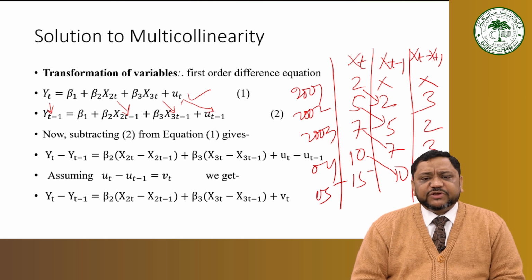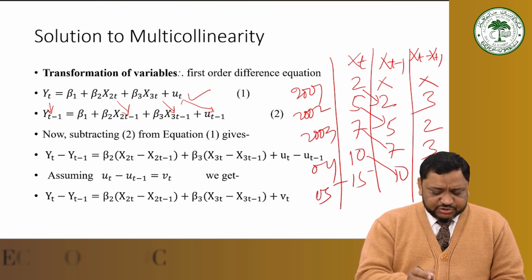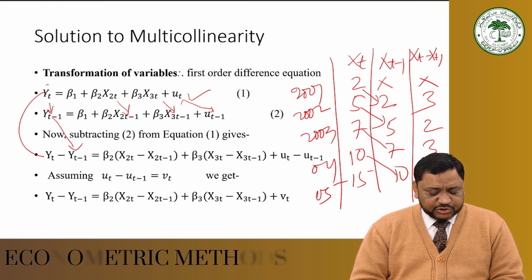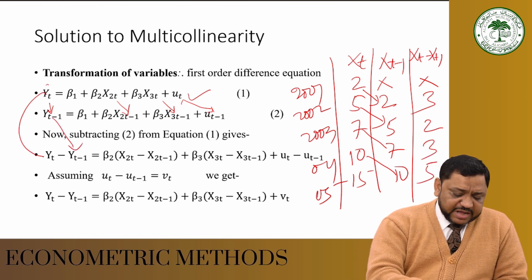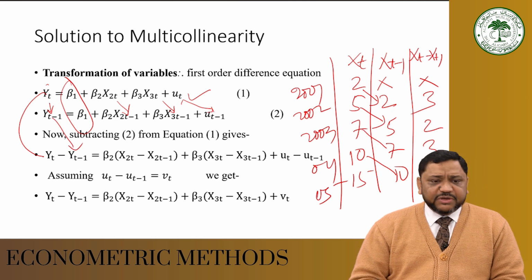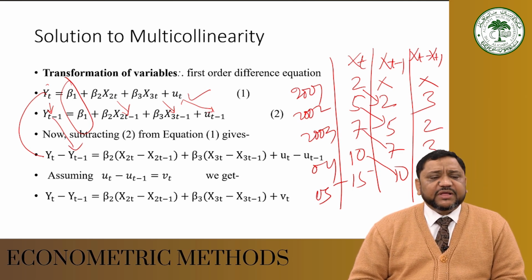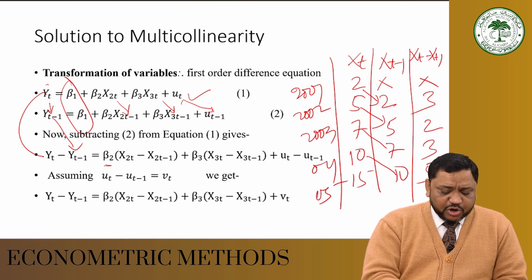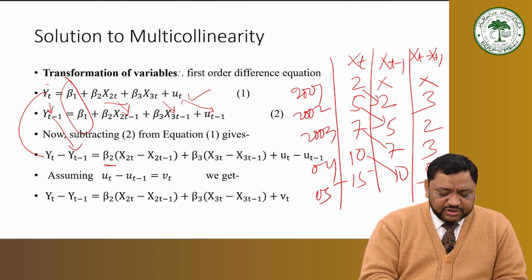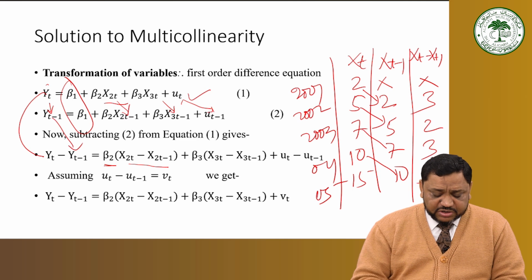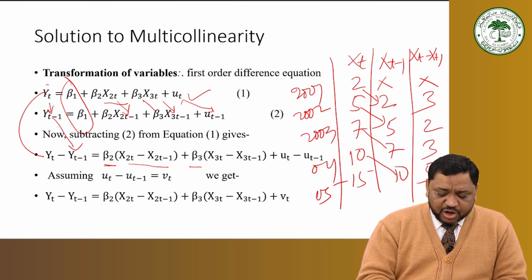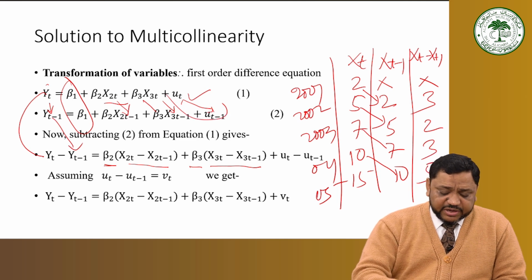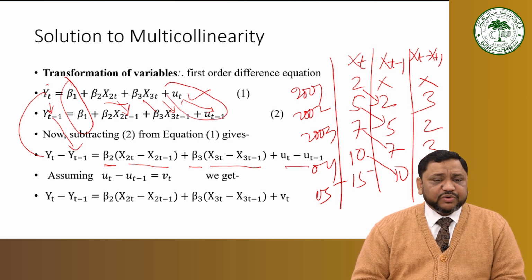Once we do that, we take yt minus yt minus 1. So beta 1 minus beta 1, they cancel each other. Now you take beta 2 common, then you have x2t minus x2t minus 1, and similarly you take beta 3 common and you have x3t minus x3t minus 1, and again you take the last term ut minus ut minus 1.